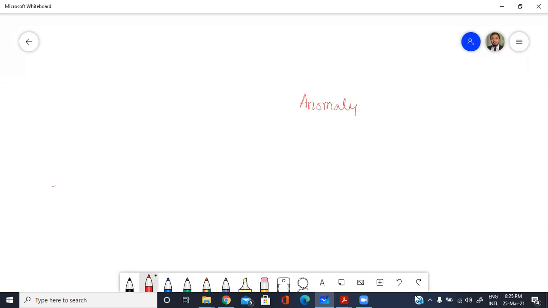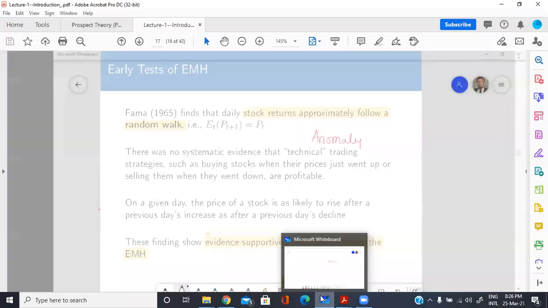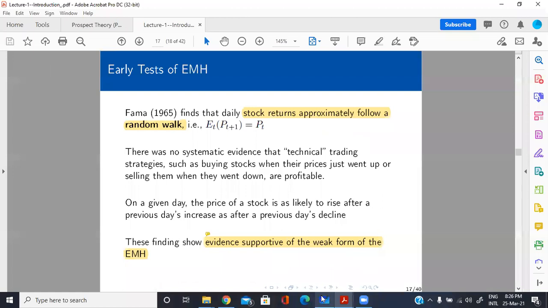If a group of researchers have found that there are anomalies in the market, they have proved that the market is not as efficient as expected. So an anomaly proves that the market is not efficient. Now, there is also evidence that technical trading gives us abnormal returns.